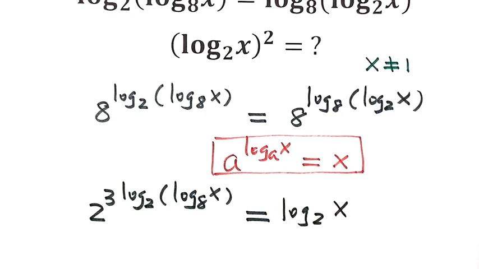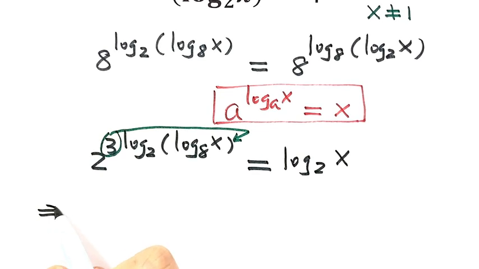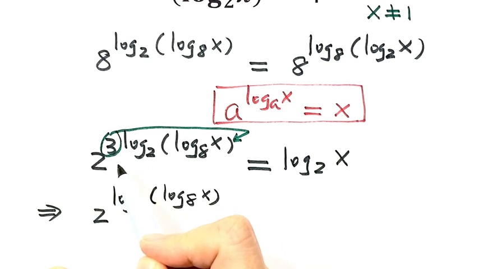Now let's see the left hand side. For 3 times log, we can put a 3 inside as exponent: 2 to the log base 2 of log base 8 of x, then power 3.